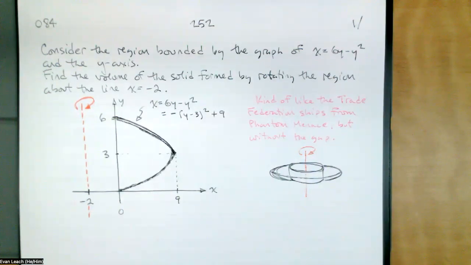This is similar to the Trade Federation ships in Star Wars, The Phantom Menace, but without the big old gap in the front. Or if you don't like Star Wars, you can think of it as a very strangely shaped donut.